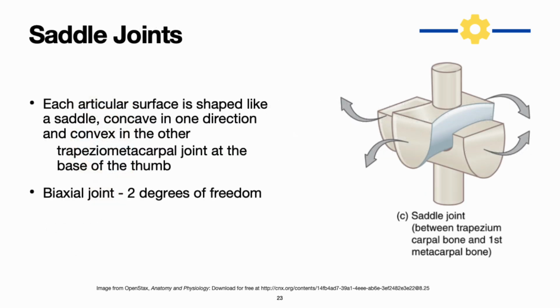Saddle joint is found primarily, and most people would say there's one. It's the joint between the trapezium and the first metacarpal at the base of the thumb. It's a biaxial joint, and it has 2 degrees of freedom, so it moves in 2 planes. Basically, one surface is convex in one direction and concave in the other, as is the other surface.